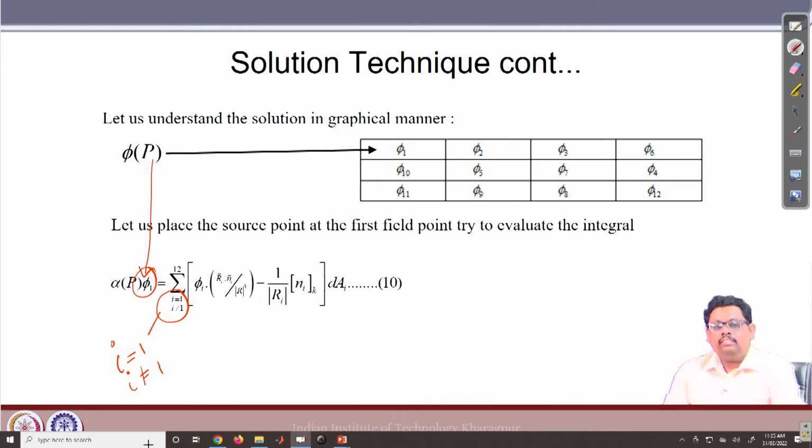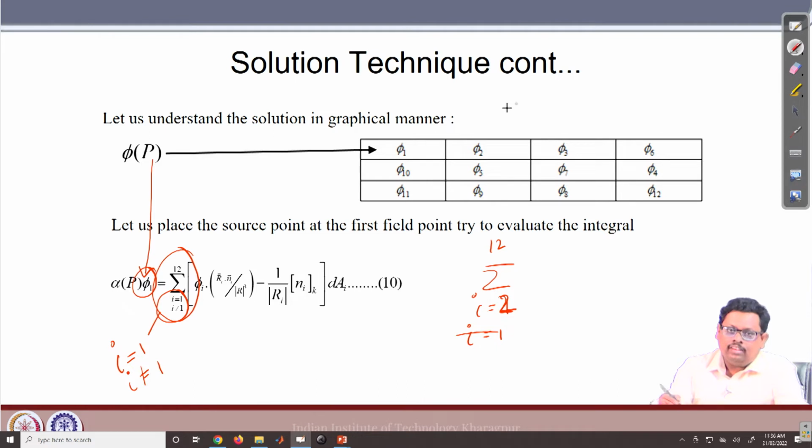It means that this I runs from, of course, I equal to 1 to 12, but it will not run when I is equal to 1. So, it actually starts from I equal to 2 to 12. Now, why did I say at this particular moment that I is not equal to 1?